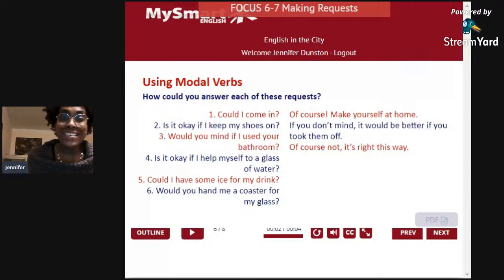The request is, is it okay? And we want to say yes. Is it okay if I help myself to a glass of water? You can say no. You can say, no, that's okay. I'll get it for you.